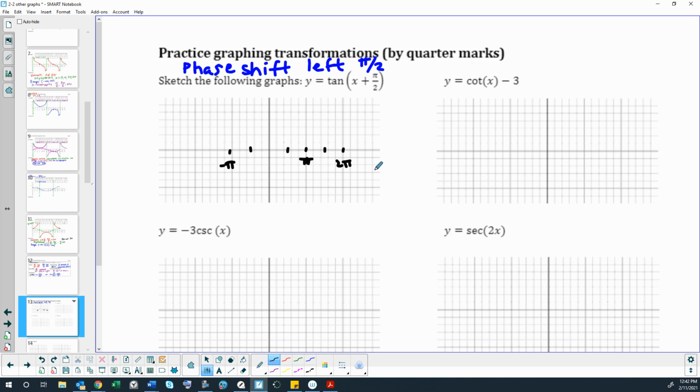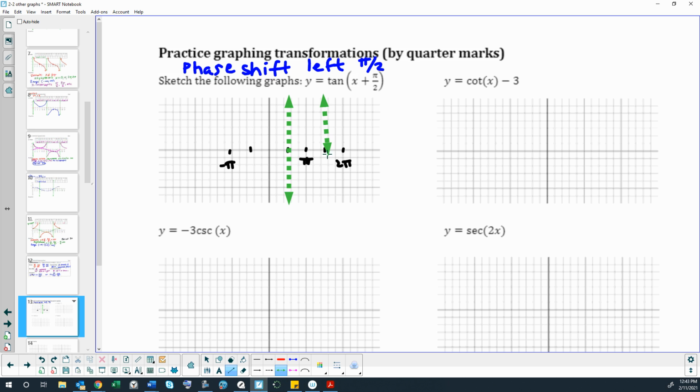Notice that the grids I provided to you aren't labeled at all, so you can honestly label them any way you want to. If you want to be really careful with where your tangent points are, you can, but honestly I'm not going to worry about it too much vertically as long as it has the right basic shape and has the correct asymptotes. So the asymptotes would normally be at pi halves, right?